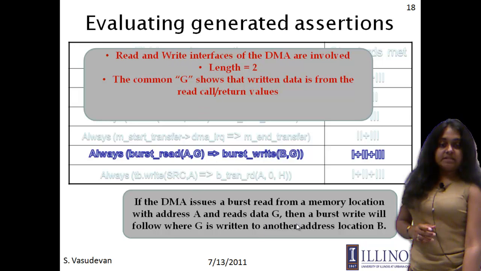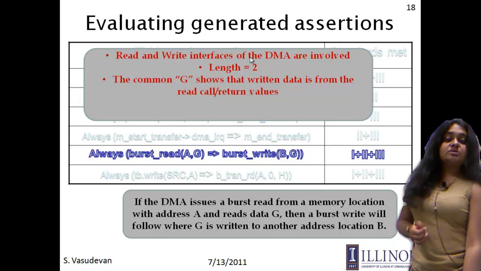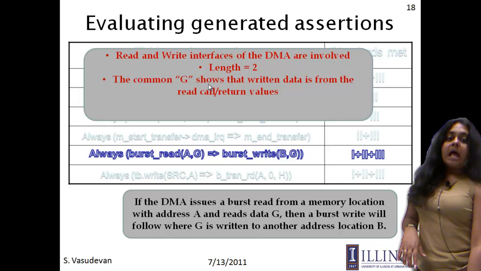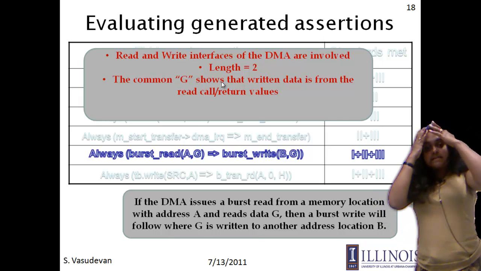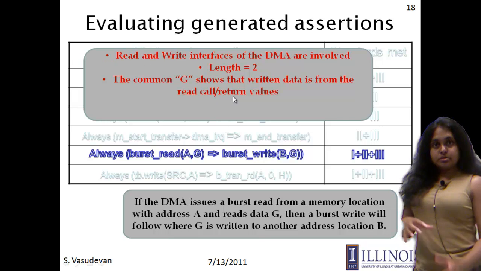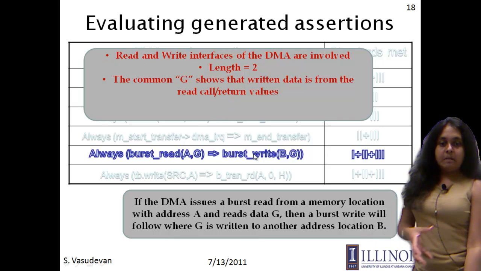There are 2 events that are part of this assertion. Then the read as well as write interfaces of the DMA are involved, so the scope is beyond a single block, it's not intra-block, it's inter-block. And the common G, which is basically symbolic, shows that the written data is from the read call and the return value. So it shows that the same G is being propagated.